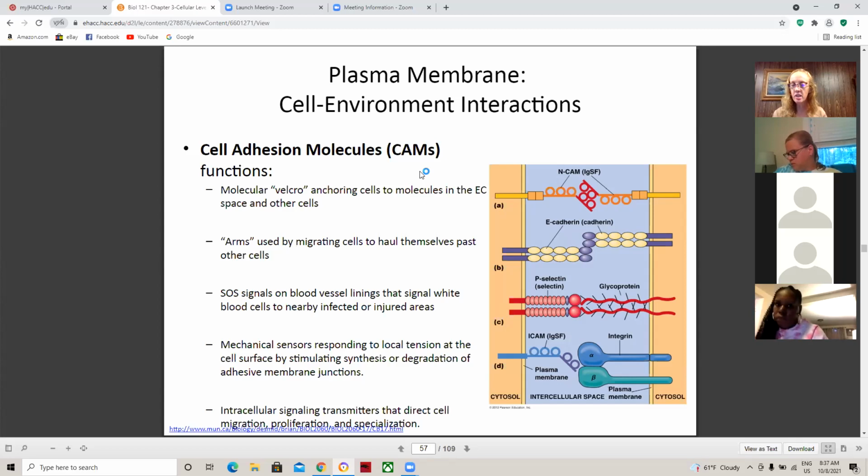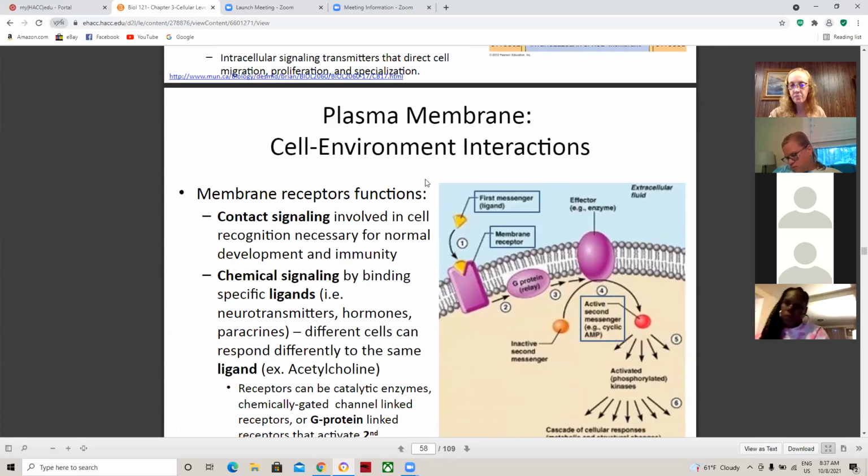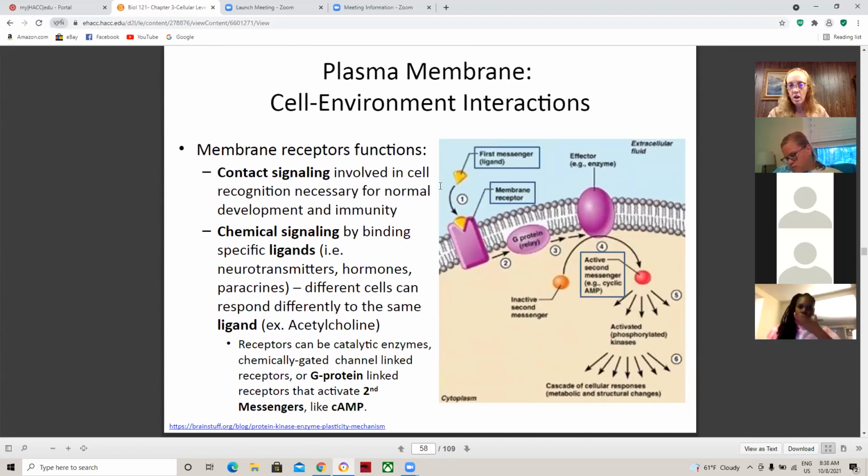So just like they sound, they're adhesion surface proteins that can adhere to other things. Cell adhesion molecules work like membrane receptors, and they're involved in cell recognition for normal development and immunity.